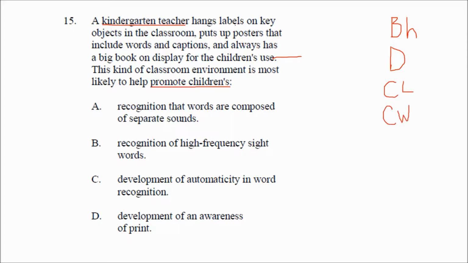And so if she is hanging up labels on objects and putting up posters that include words and has a big book on display, so the big book, which is these really big books that have big words in them for the children to use, we're living somewhere in the world of concepts of words. We're a little bit past the concepts of letters because there's no mention of the A B C D E F G's. There's more indication that they're words and captions, so full words and captions.